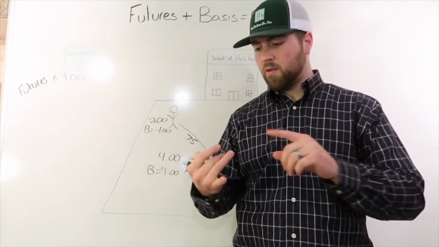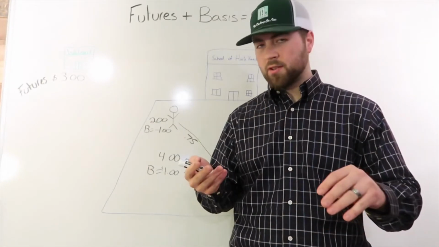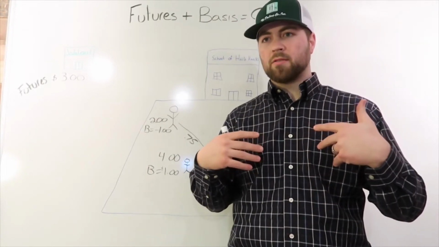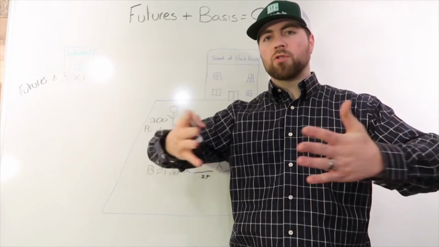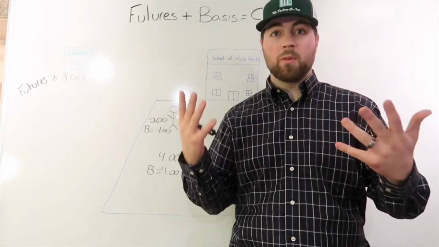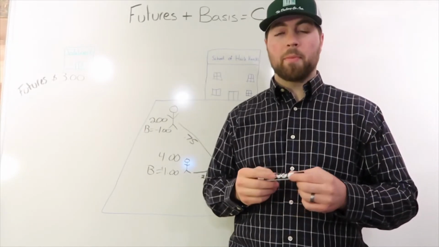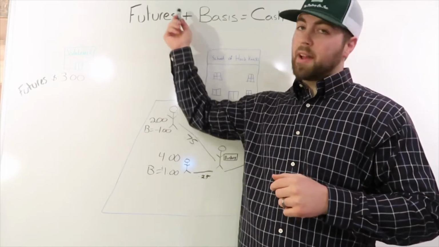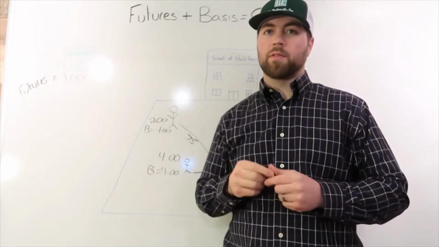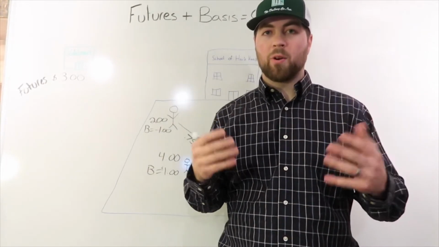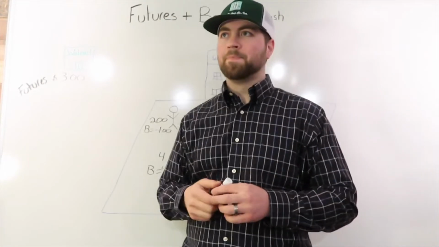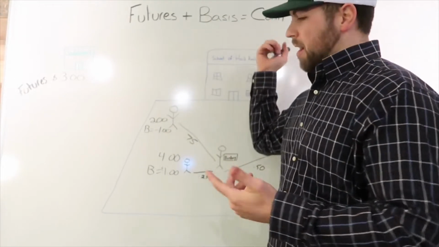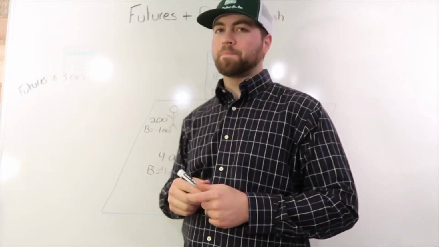As I run out of markets and run out of storage, and I don't need any more grain, I will slowly close that floodgate. The only way to do that is to drop the basis, because in a local market I have no control of the futures. But for my organization, you have to open and close those floodgates as you need them. So those two things combined equal your cash price.